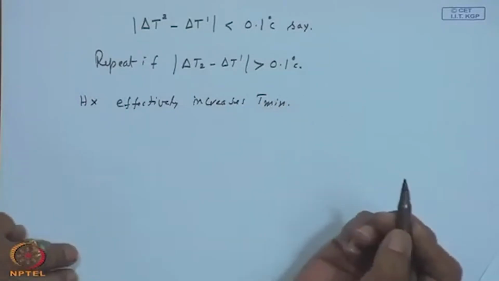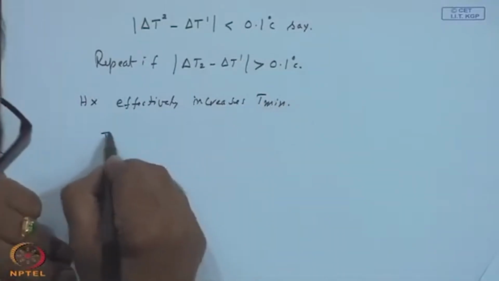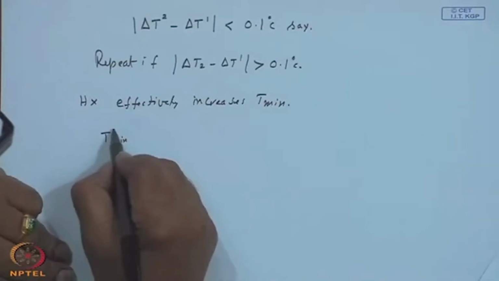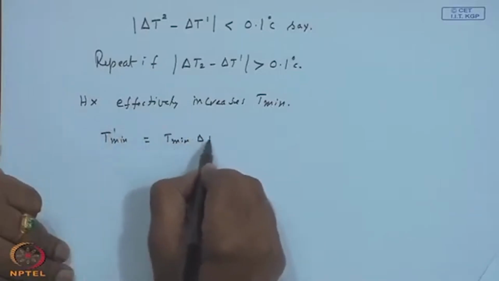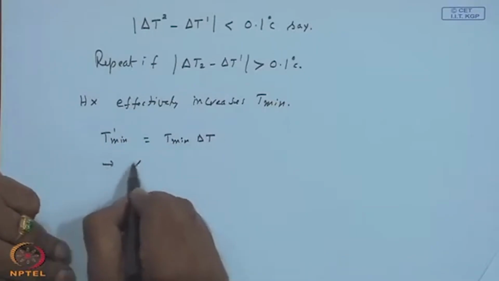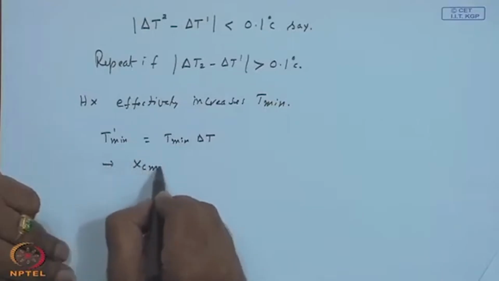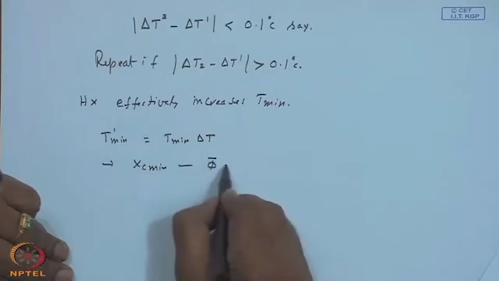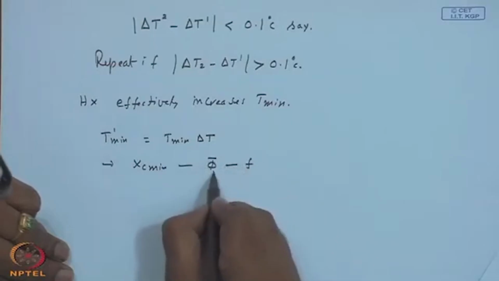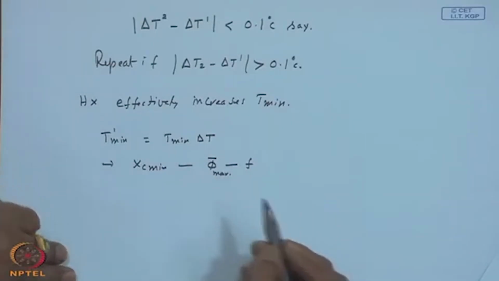So, the procedure is T min equal to T min plus delta T, which may change it to x c minimum, from where you calculate phi bar, from where you get f.